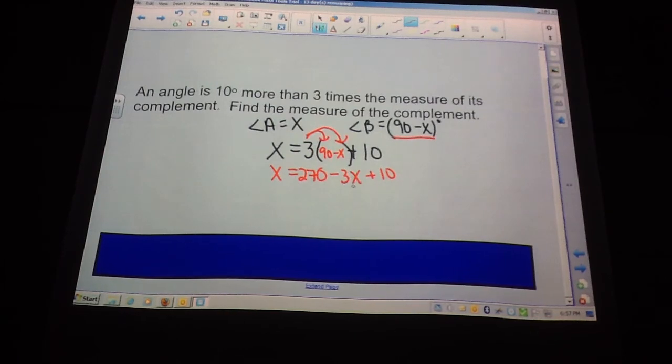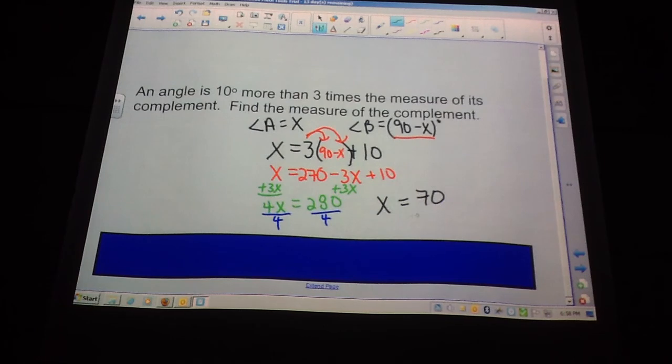So I need to bring the x's to the same side. I'm going to add 3x to bring it to the same side. That's going to give me 4x is equal to 280. Now if it's x times 4, the opposite would be to divide by 4, which would give me the x value is 70.